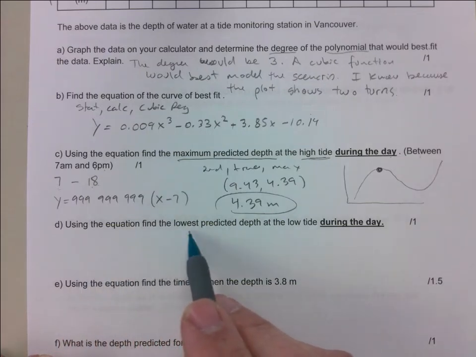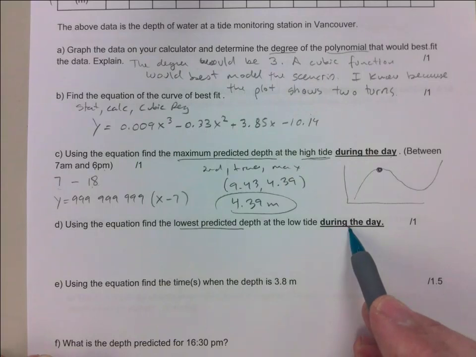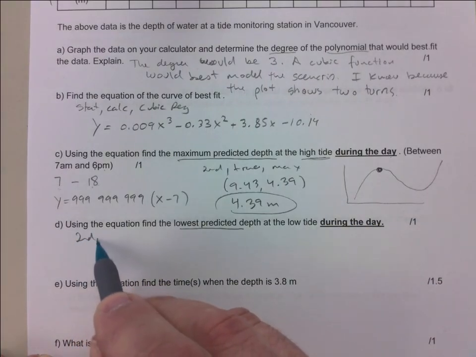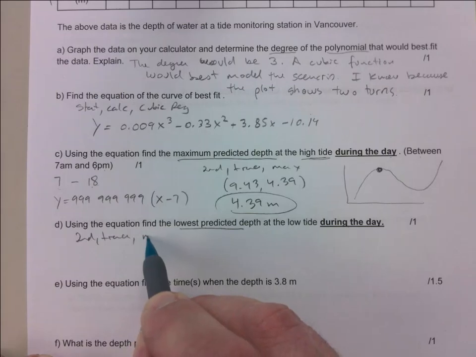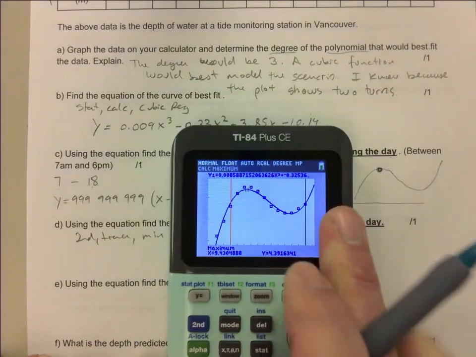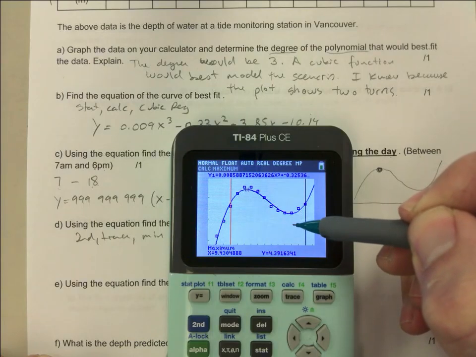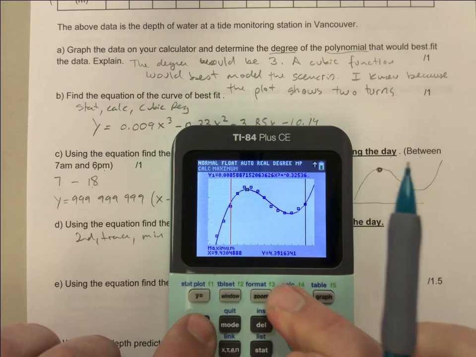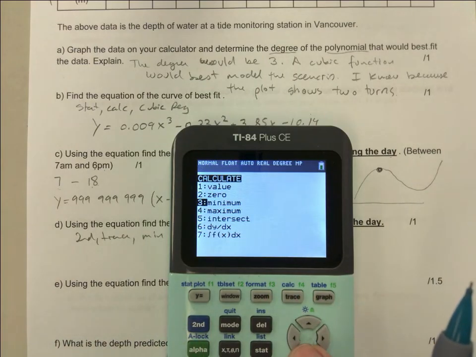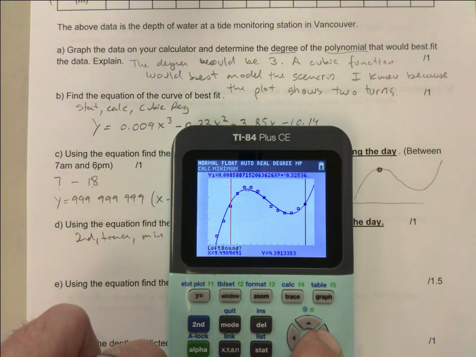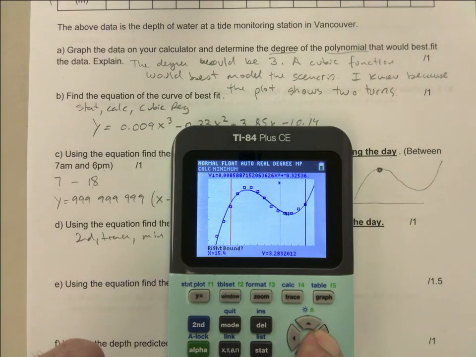Using the equation, find the lowest predicted depth during the day. So I'm going to go second trace min. And based on this, it's going to be here at the lowest point, right? It doesn't get any lower than that within my daylight time, right? So I'm going to go find it. You go to the left of it, to the right of it, and there you go.